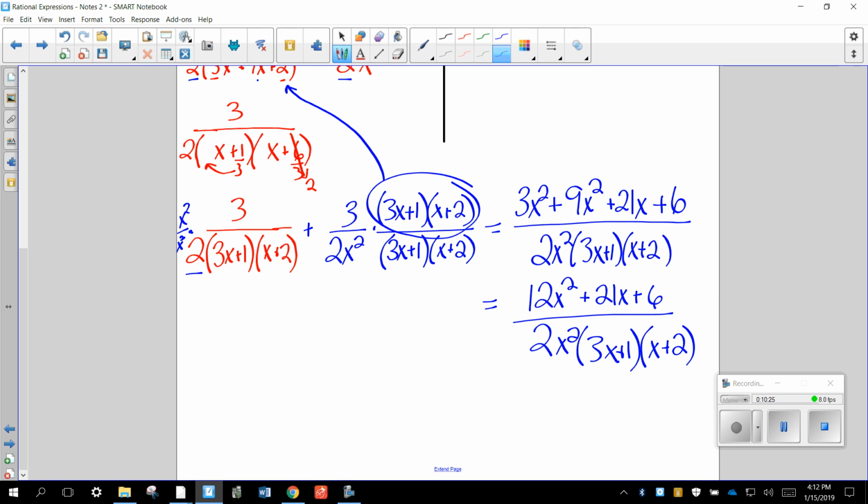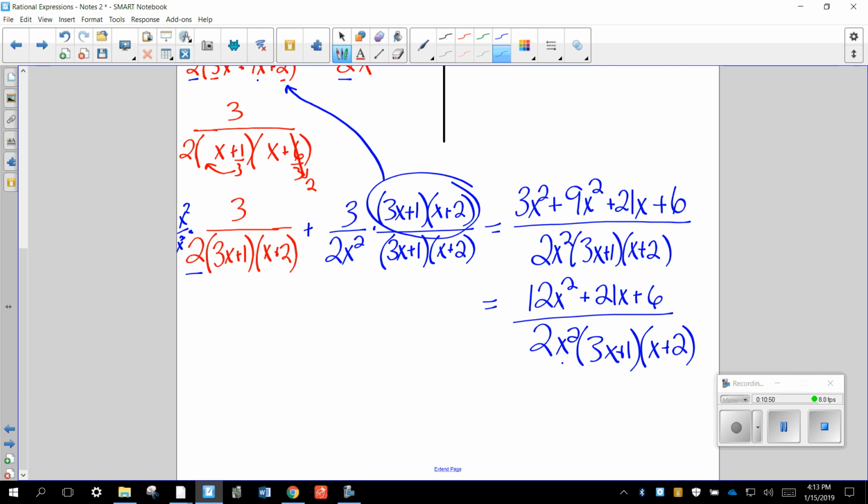I know that you're going to want to cancel out this x squared here and this x squared here, but you can't do that because in the numerator, you can't take an x squared out of every piece of that term. We could factor out a 3. That doesn't really help us. It looks to me like that's as simple as we can make it.